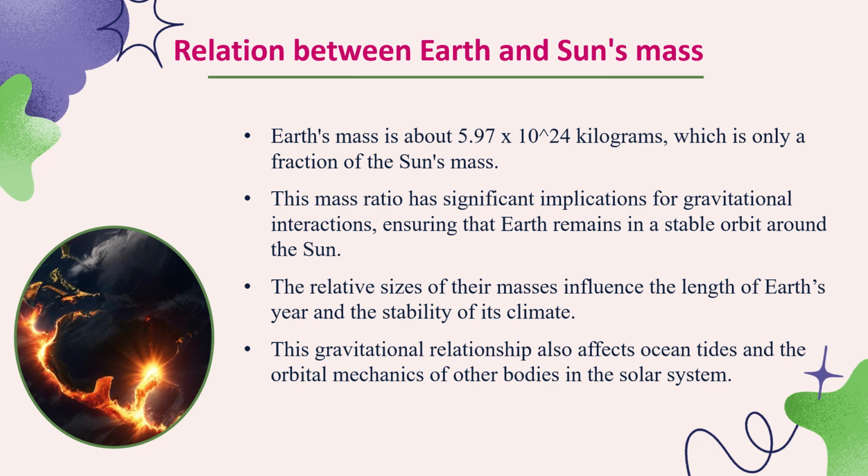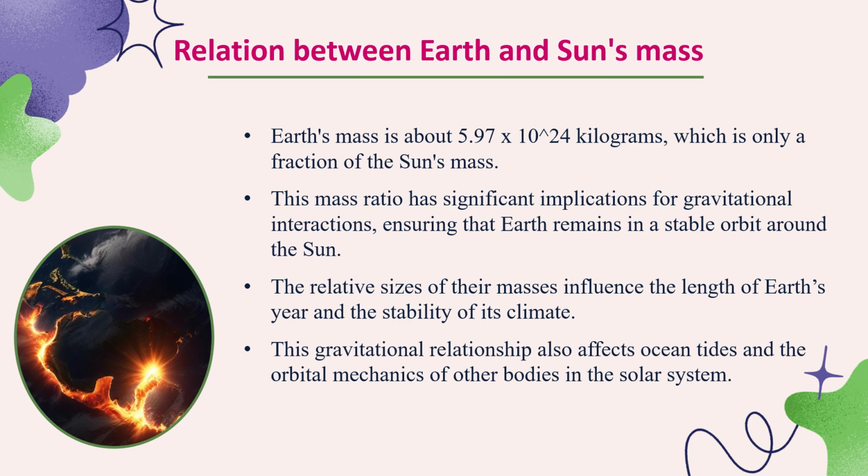The next topic is the relation between Earth and Sun masses. Here are four main points. The Sun is much heavier than Earth. In fact, the Sun's mass is about 3 lakh times greater than Earth's mass, because the Sun is a huge mass.